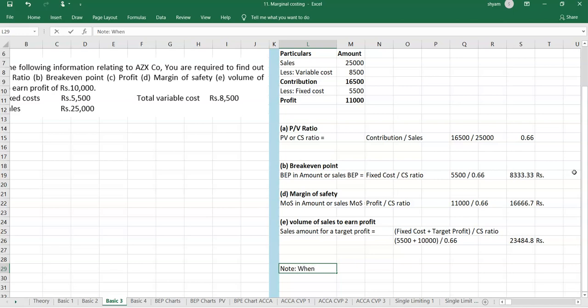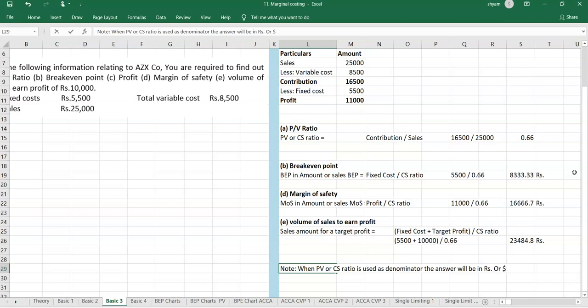Note: when PV or CS ratio is used as denominator, the answer will be in rupees or dollars.